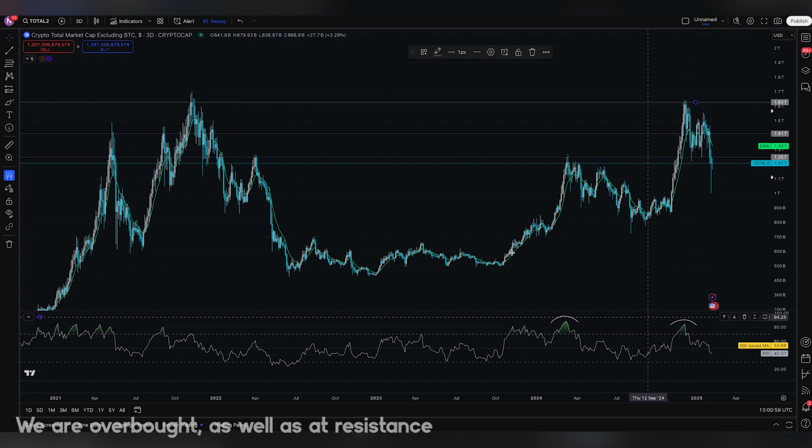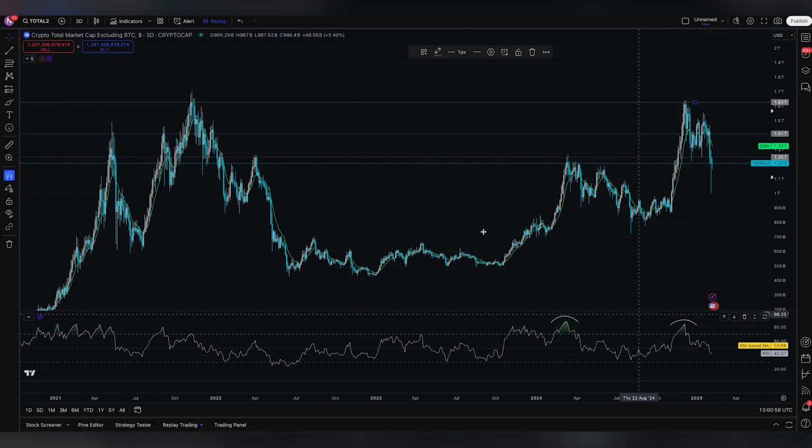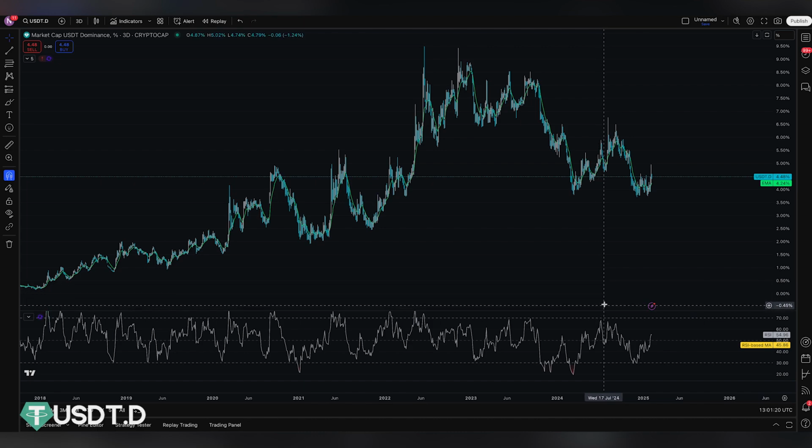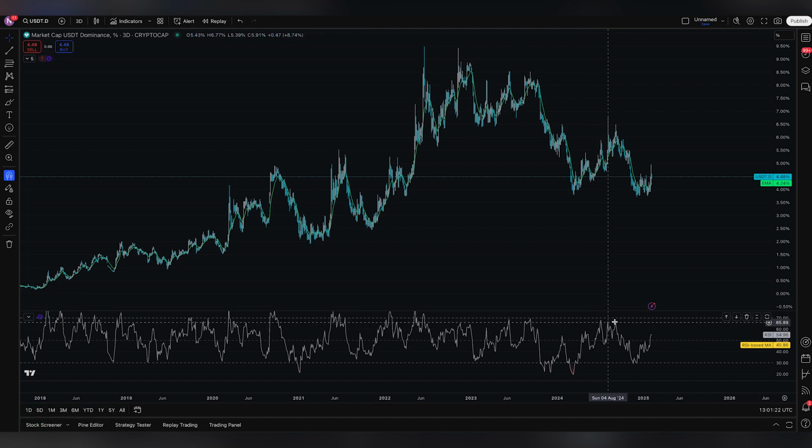And you can use the RSI for different indexes. It doesn't have to be Total 2. It can be USDT dominance as well. It's the same logic, or Total 3, Others, it's the same logic. The USDT dominance, again, we got the 3-day RSI at an overbought area here where the index topped and where the market bottomed in August 2024, and then the 3-day RSI reached an oversold area, which to us suggests that this is an area where people can rotate back into stables and take profits from their positions.